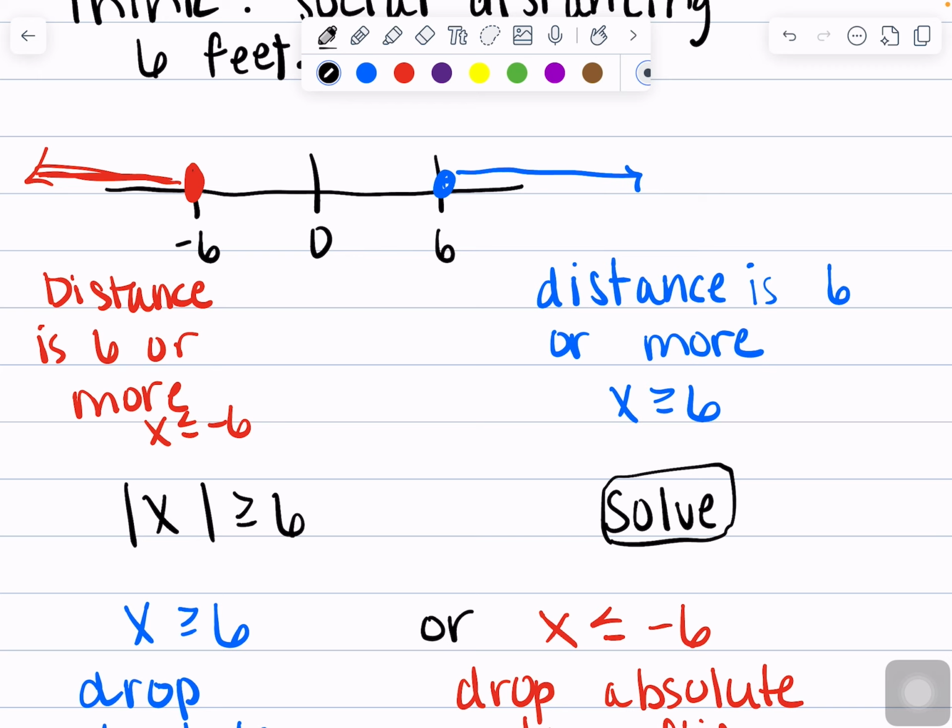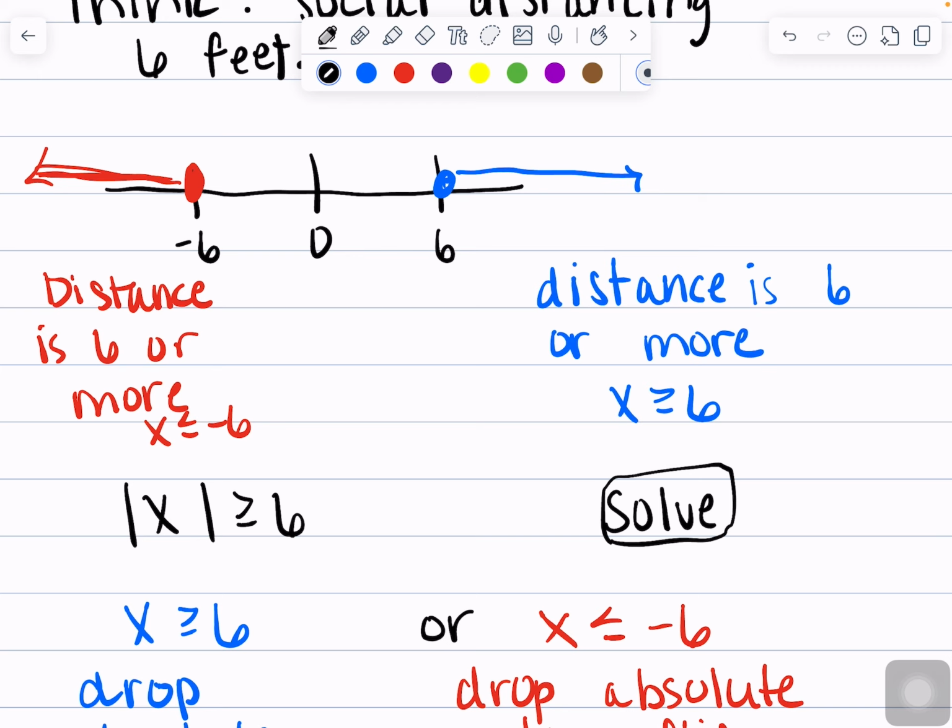So for the distance to be more than 6, we're talking about 6 and further right for the blue section, or we're talking about a distance of 6 to the left, which would be this red part. Negative 6 is a distance of 6, but more means we keep going further from 0.